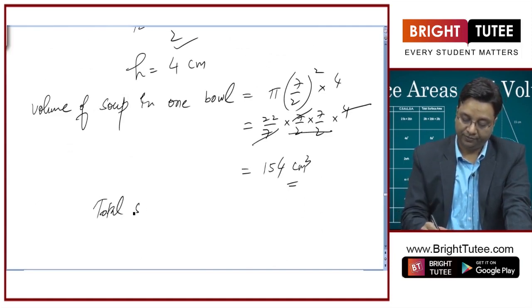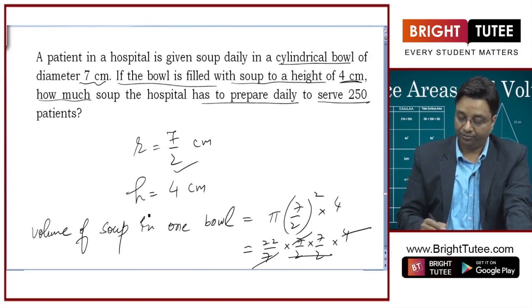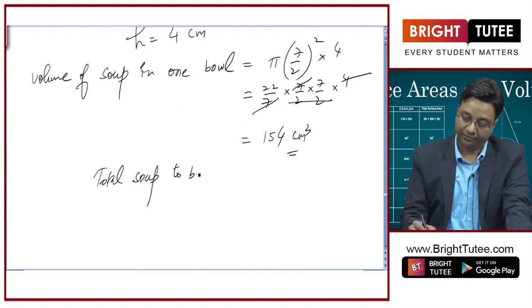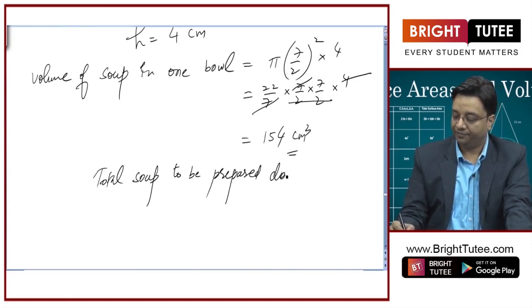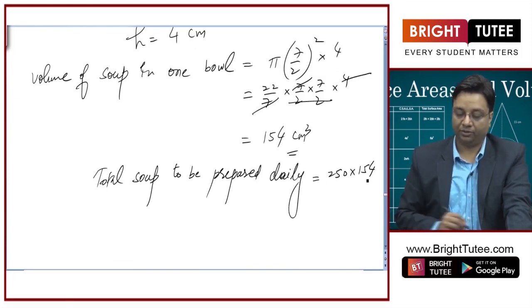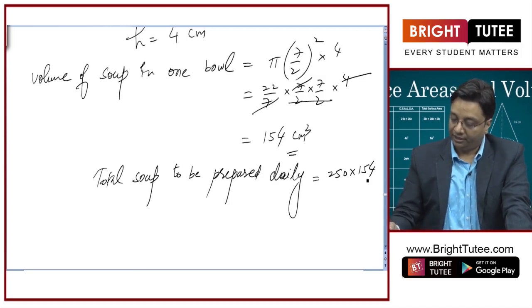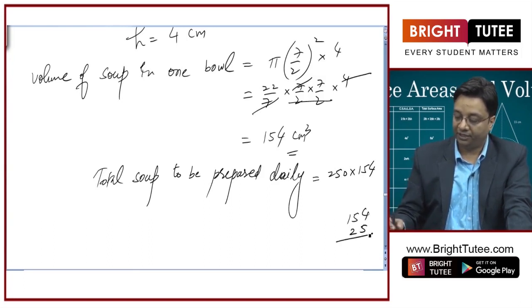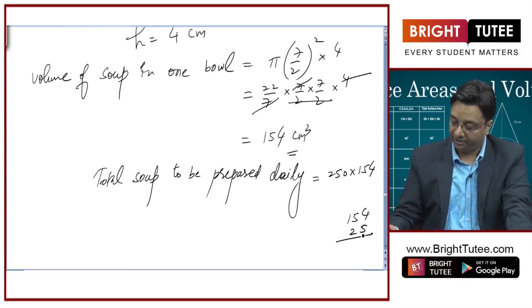Total soup to be prepared daily by the hospital will be equal to 250 into 154, right? So you can calculate it: 154 into 25, and then I'll write one more 0 in the end.